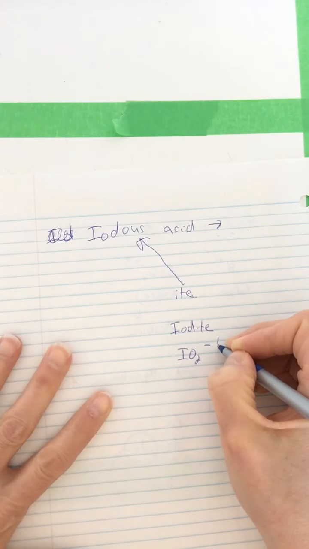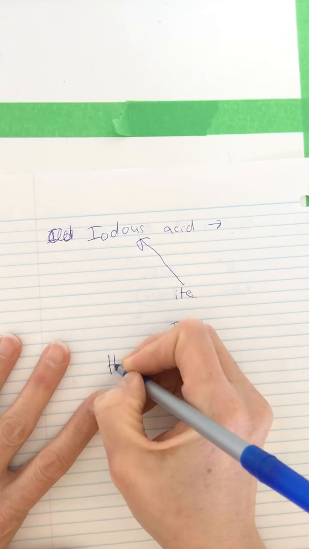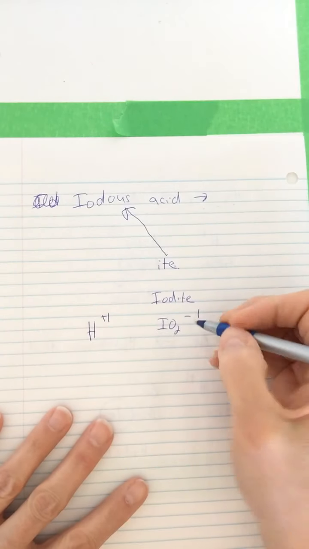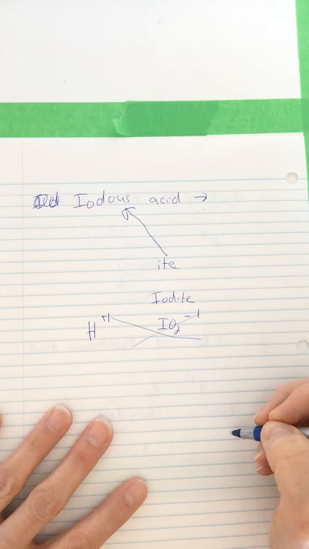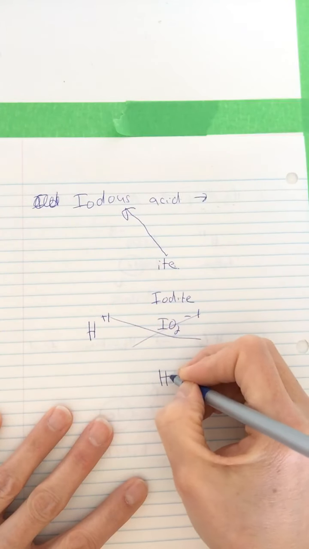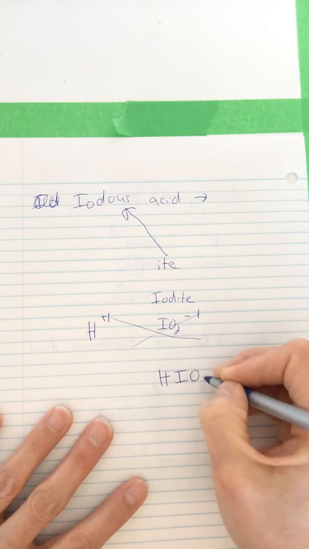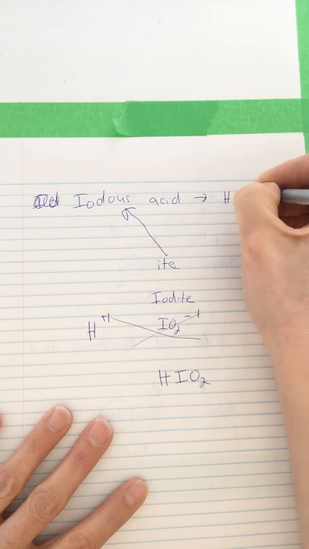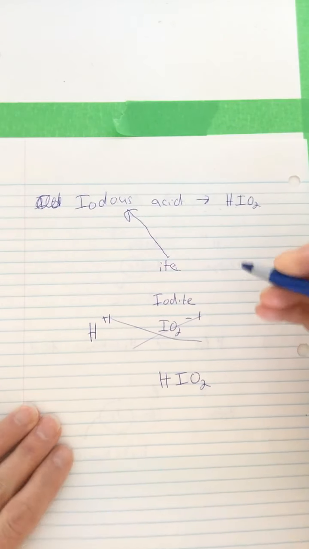So iodite is an IO2 minus 1. And we know acids have hydrogens in them, and that we know hydrogen is a plus 1. So when we crisscross this, what would iodous acid look like? HIO2. So it would be HIO2 as the answer.